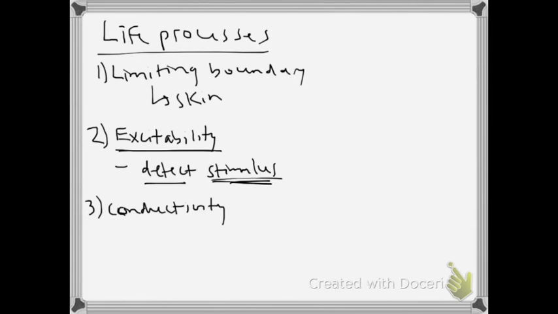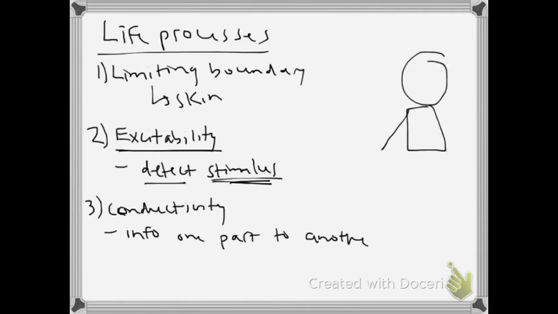So, conductivity: this is carrying information from one part of the body to another. In our case, we have the nervous system that carries the stimuli. So here's my person, and here's his chest, here's an arm, and there's a hand.